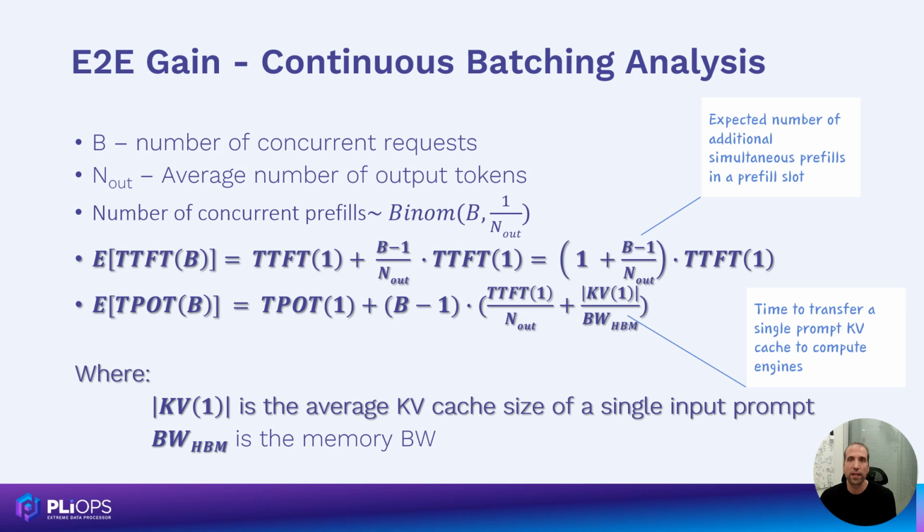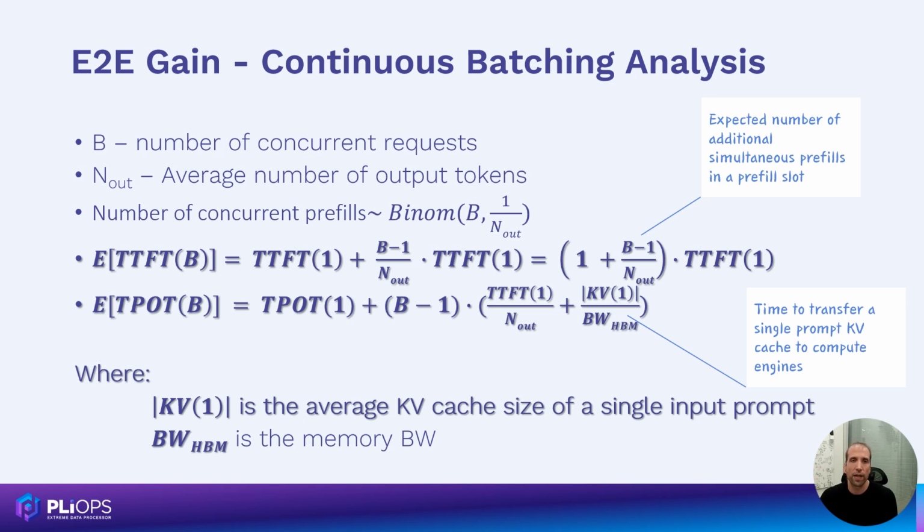Effectively, this means that as batch size increases, prefill time grows, but at a slower rate due to the overlapping operations. You see here that this is the interference from the neighboring B-1 requests, each of which is doing prefill with probability 1 over Nout. So that's the term that we get.